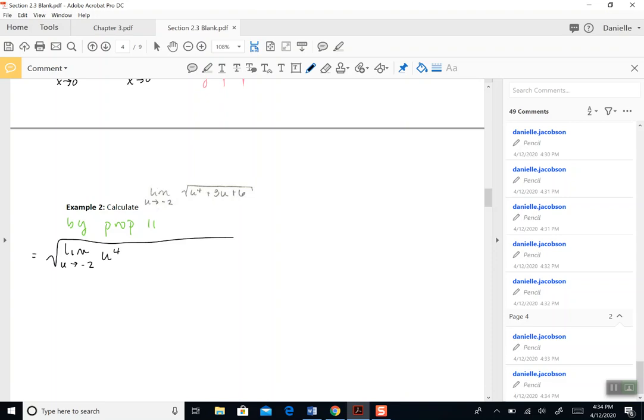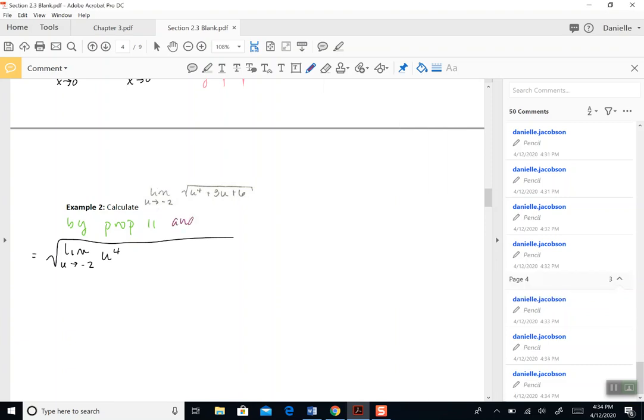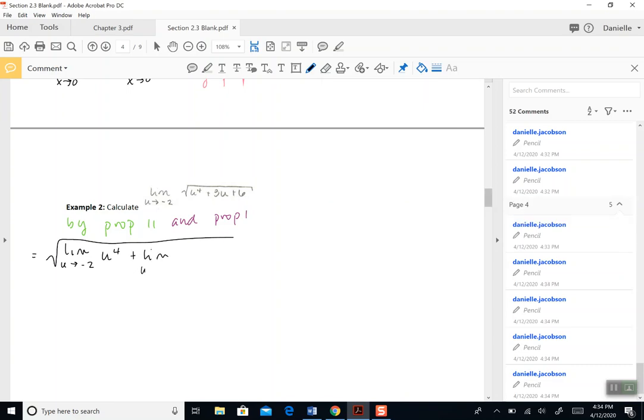Right, I'm going to do two things at once here. So notice we have addition in here, and we know that property 1 tells us that we can run the limit over addition. So by properties 11 and property 1, I believe was the addition property, we have u to the 4th plus the limit as u goes to -2 of 3u plus the limit as u goes to -2 of 6.